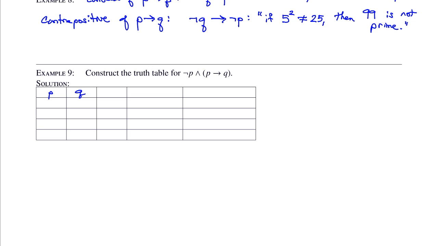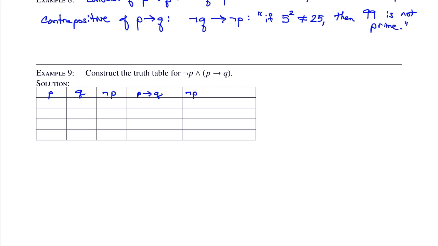Then I need to figure out how to build it up to the big compound proposition. You don't do it all at once. You take it step by step by step. The next piece that I would like to do is I would like to compute a column of just not P. In my 4th column, I would like to do if P, then Q. And then in the final step, I will do their conjunction.